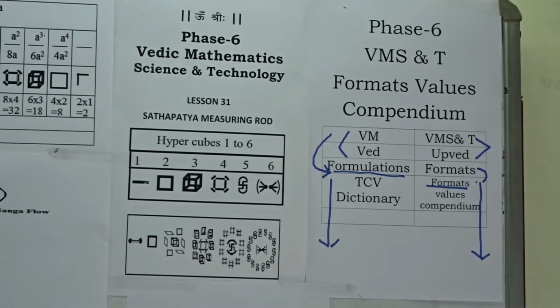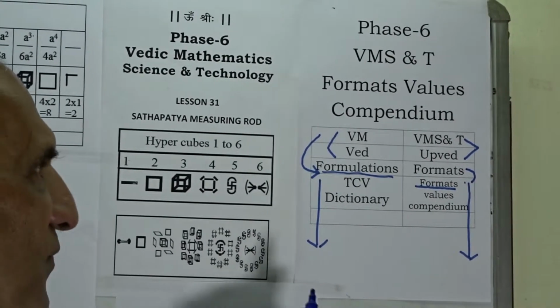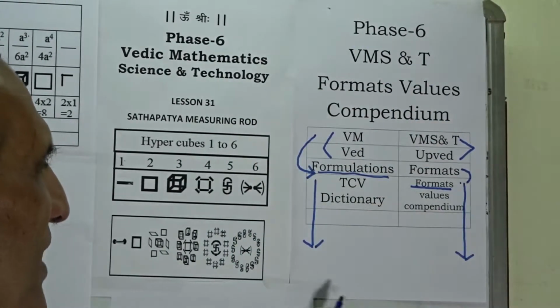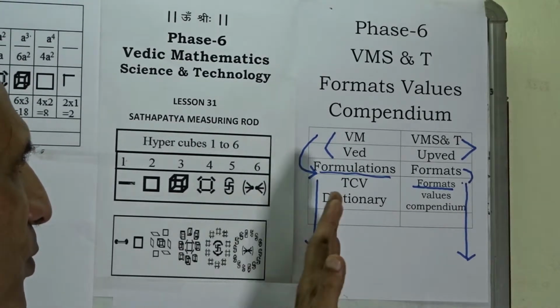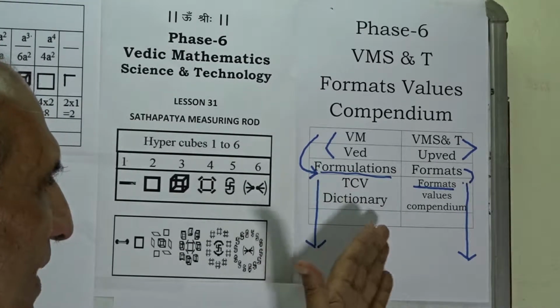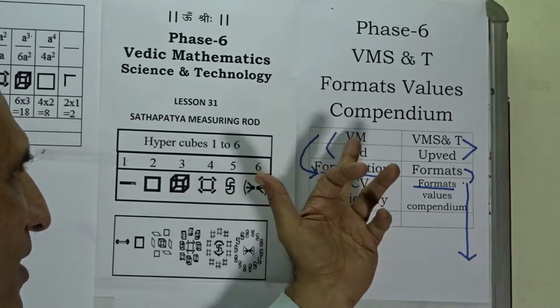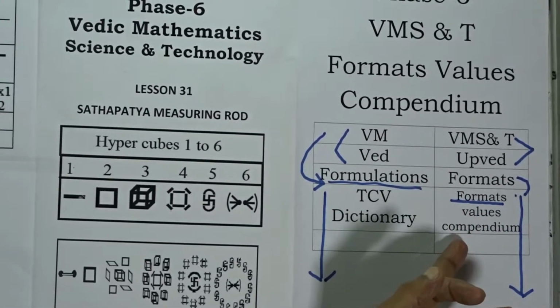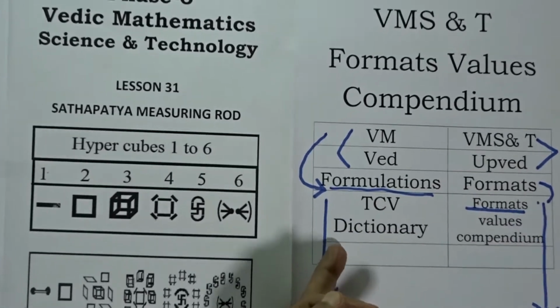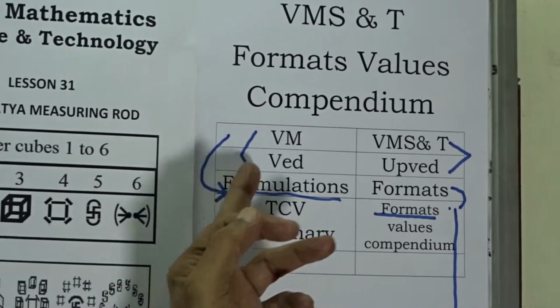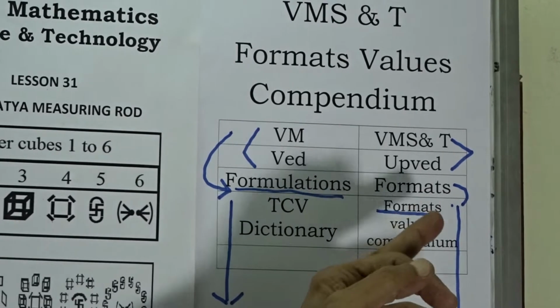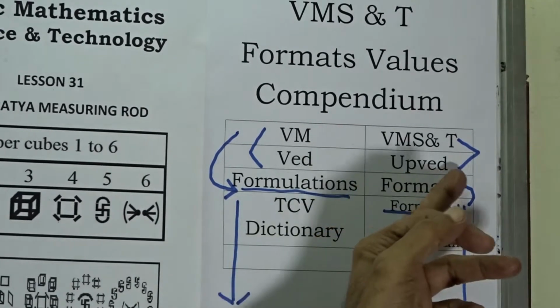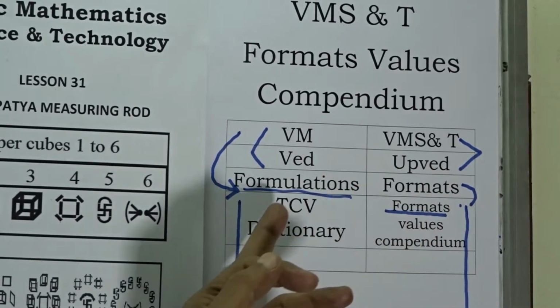In our formats, values, compendium, our first page shall give a comparative table of TCV dictionary and formats, values, compendium. In TCV dictionary, the focus is upon the word formulations. Here in formats, values, compendium, the focus is going to be upon the formats.